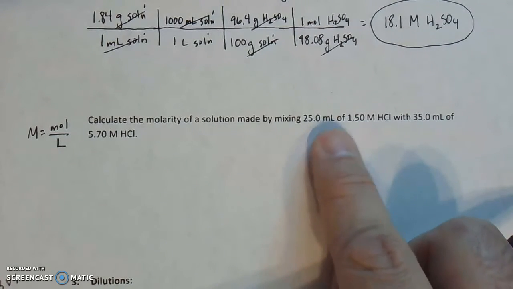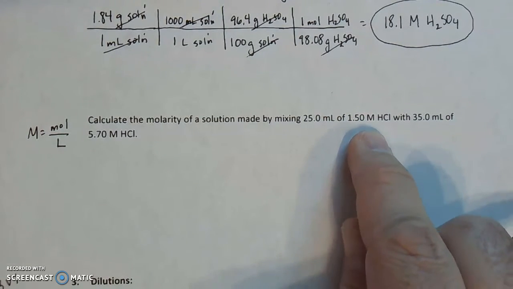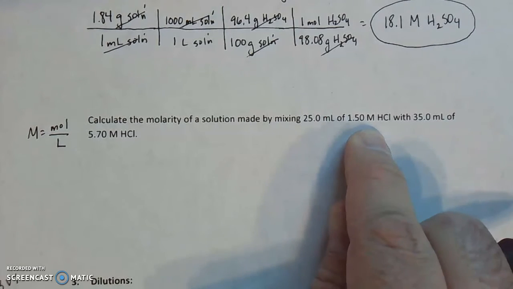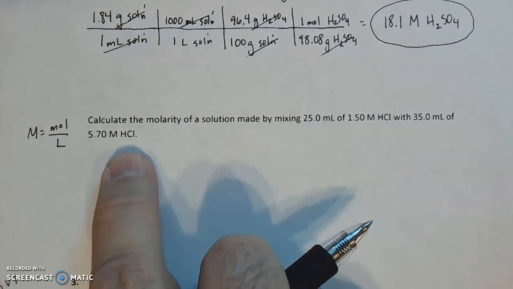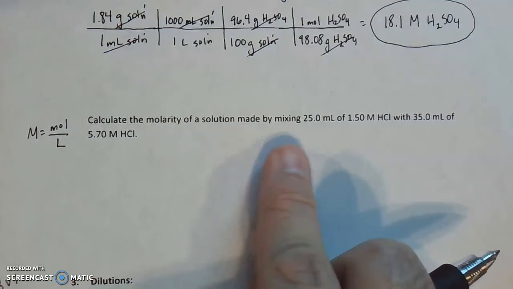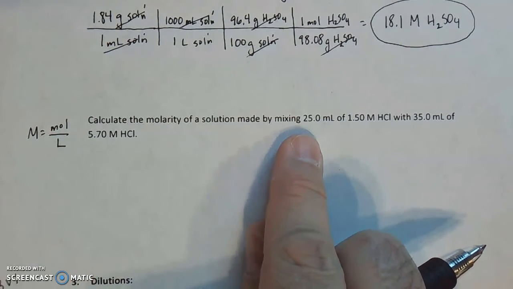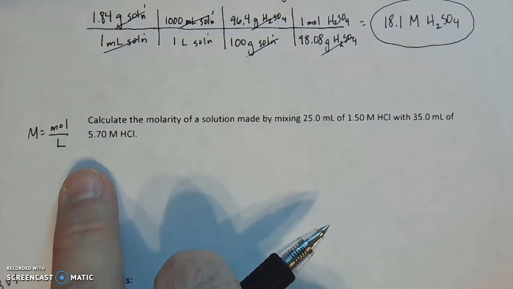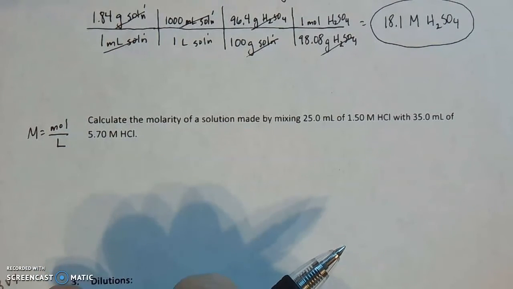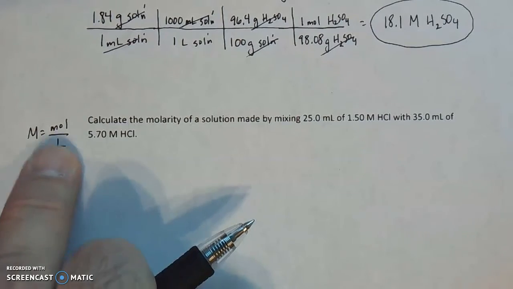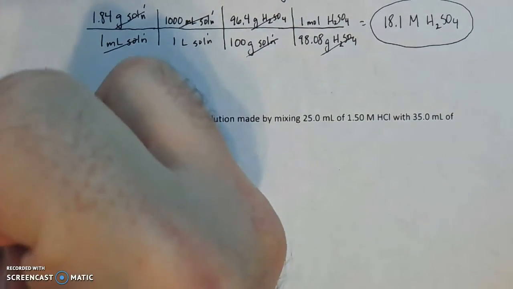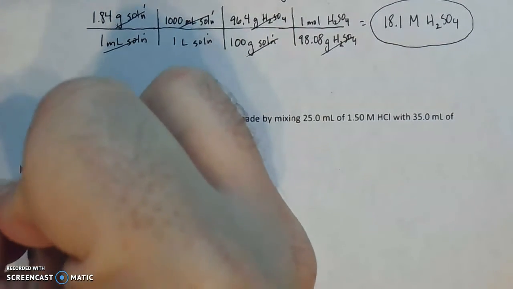So I know that I have a certain number of moles of HCl here in this first solution, and I have a certain moles of HCl in this solution. The moles can be added together, volumes can be added together, and since moles over a volume is molarity, I can calculate a new molarity. So I'm going to rearrange this equation, and I'm going to solve for moles. So moles are equal to liters times molarity.